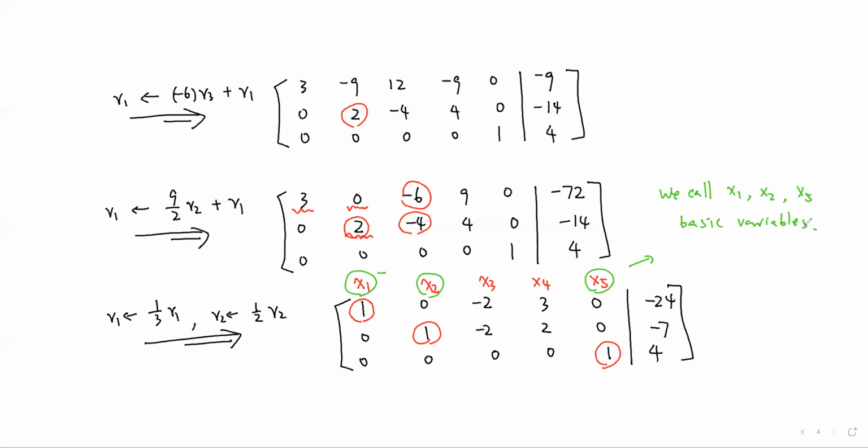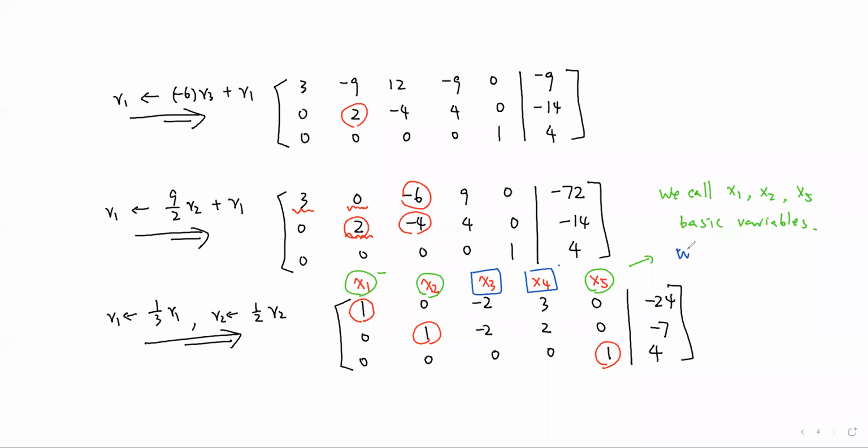How about x3 and x4? x3 and x4, their corresponding columns are free columns. What is a free column? A column that is not a pivot column is a free column. So we also give a name to x3, x4.